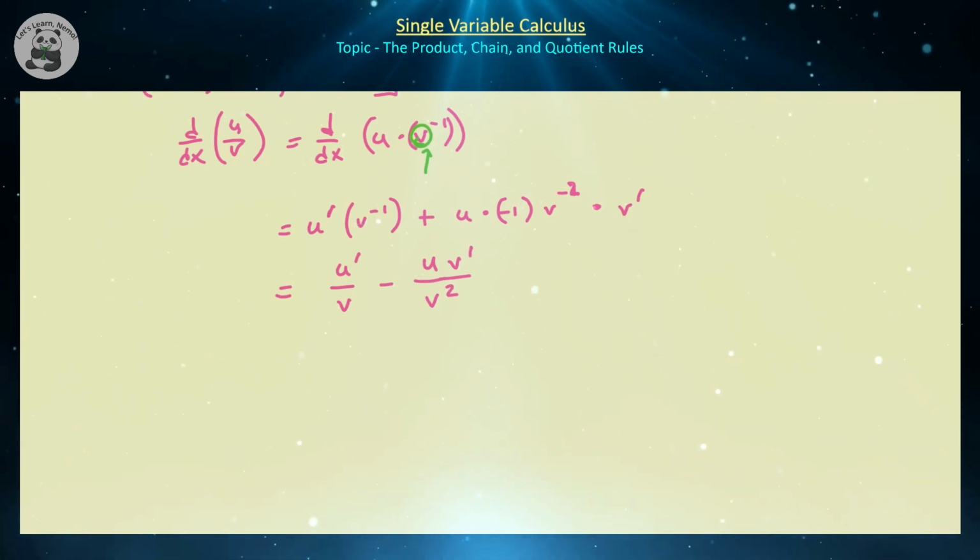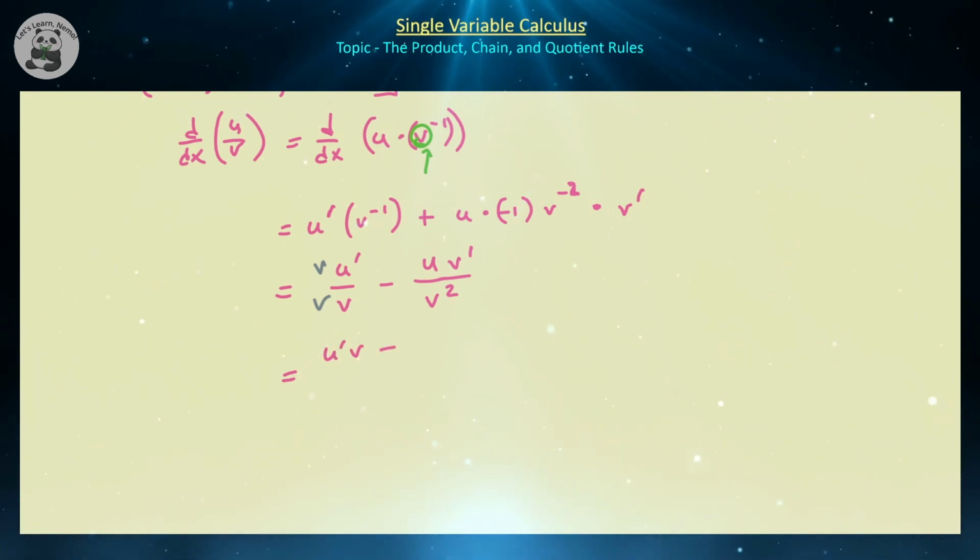So obviously to subtract fractions, they need to be the same denominator, so what I'm going to do is multiply top and bottom of this by v, and this is just going to be equal to v u prime. Or I have to actually rewrite that order just to make sure it matches with what we had before.